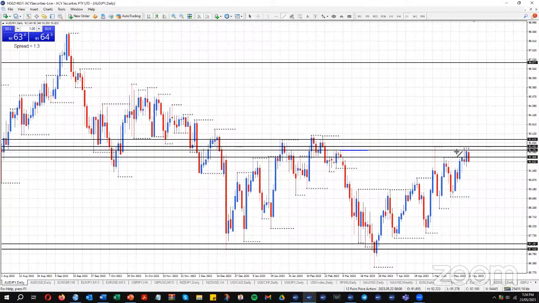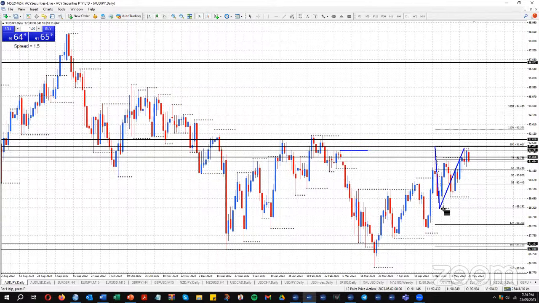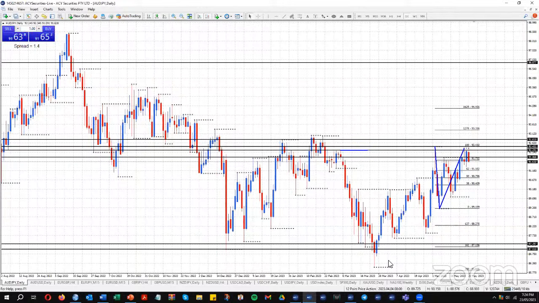This is not textbook, but we could maybe class this as some form of double top, and as untextbook as it is, price projection would get us down to retest this low down here, the 200% level. Right, so I don't know whether that is going to come to fruition from a projection point of view, but certainly holding at resistance at the top. Now, hopefully somebody got short with us.